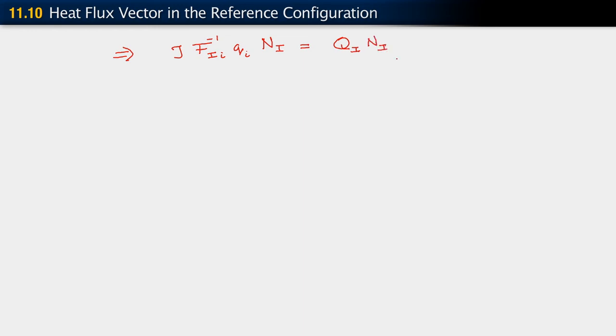Okay, and clearly now by observation we see that this does indeed satisfy the relation we wrote out previously, which is that J F inverse little q equals capital Q. Okay, so this is the relation between the heat flux vector in the current configuration, this is in omega sub t, and this is in omega naught. Okay.